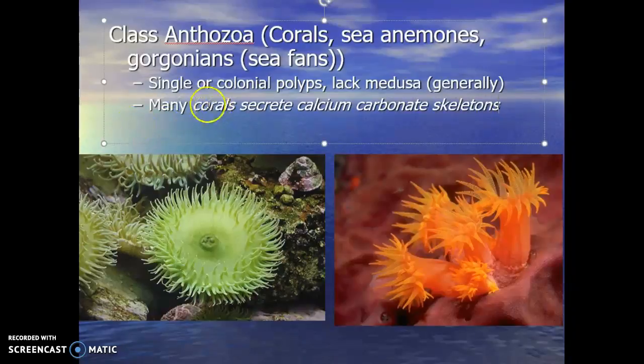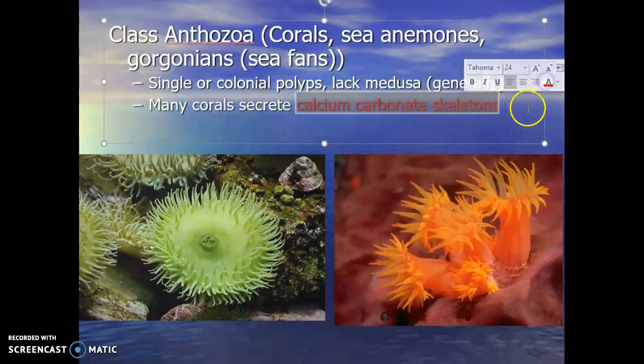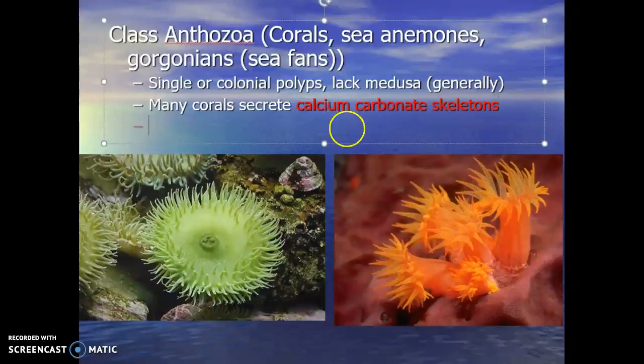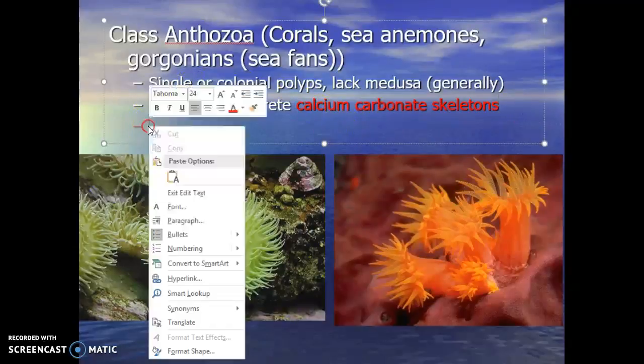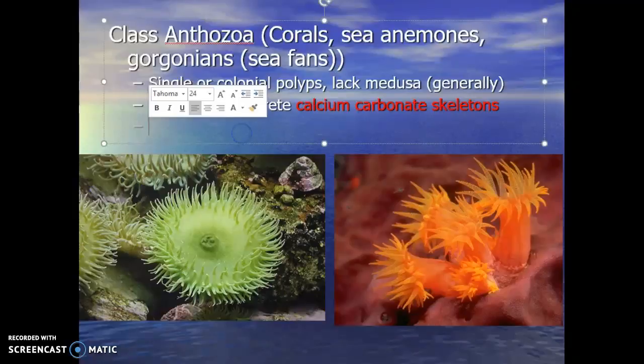This is what produces the coral reef structure. The actual limestone of the coral reef is due to the calcium carbonate skeletons of corals. So an incredibly important aspect of any marine reef ecosystem will be the coral reef, or the corals that make up the coral reef and their calcium carbonate skeleton.